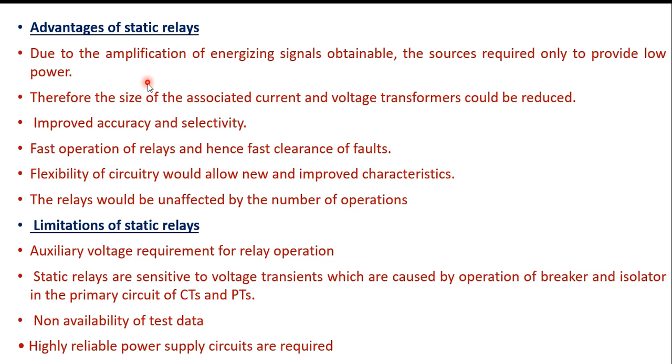There should be amplification of energizing signals, which requires a small amount of power. Therefore, the size of the associated current and voltage transformer can be reduced. By using static relays, we can improve the accuracy and selectivity of the relay. The operation of the relay is fast, and hence fast clearance of the fault occurs.